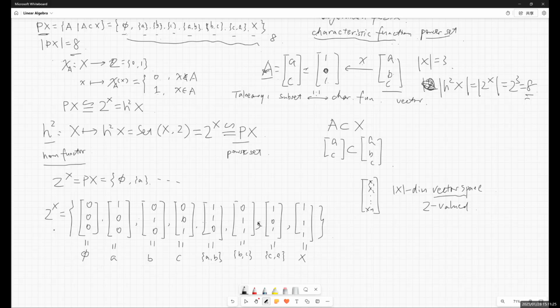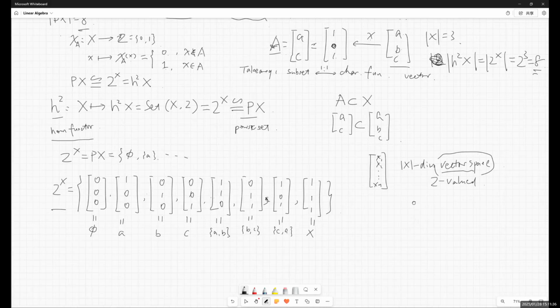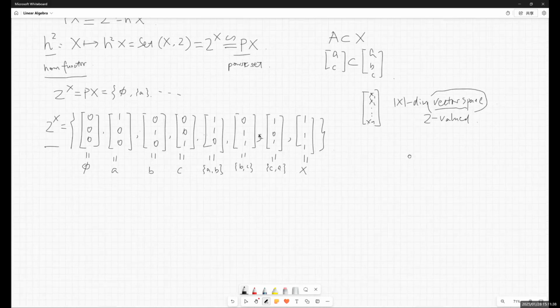So the power set is actually the enumeration of the whole vector space. And further, when we study real or complex linear algebra, we're using the same notation.